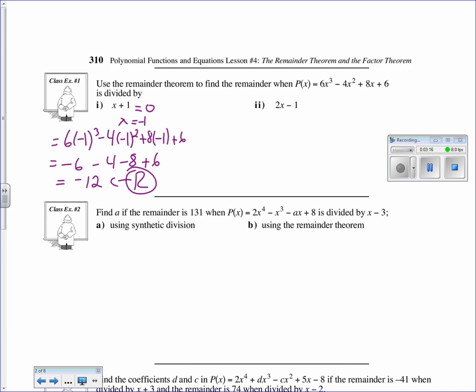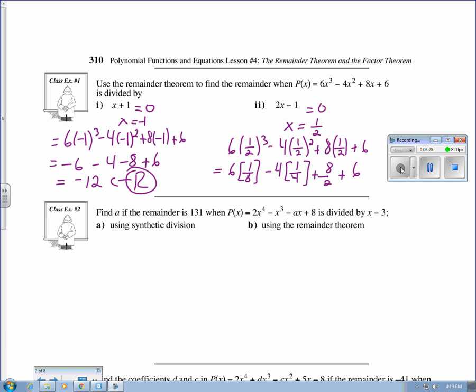When I plug in 2x minus 1, I get kind of a yuckier number. Remember, you've got to set the factor equal to 0 and solve for x. x equals a half. Now I have to plug a half in. I'll write that out. So plugging in my half, I have a half cubed, a half squared, 8 times a half, and then some coefficients that have to come in front.